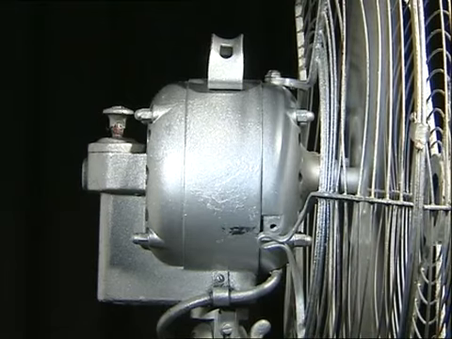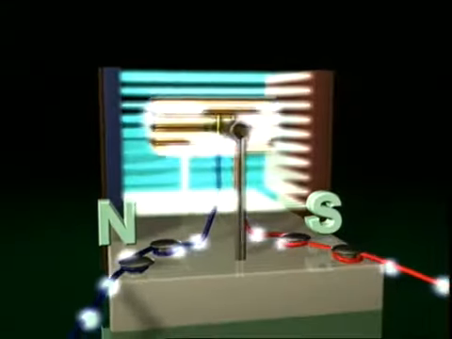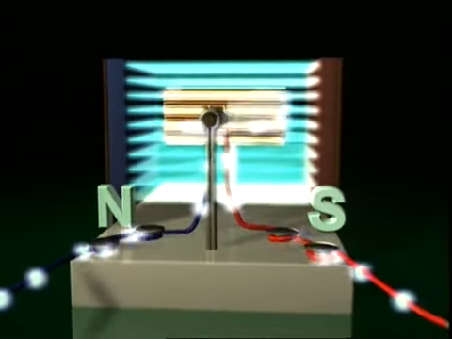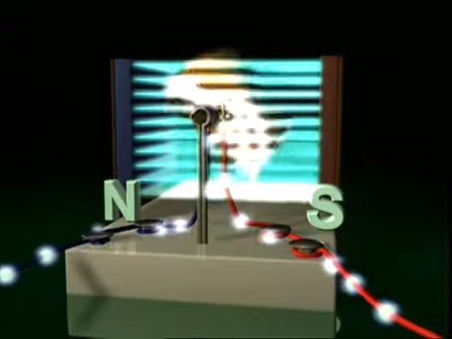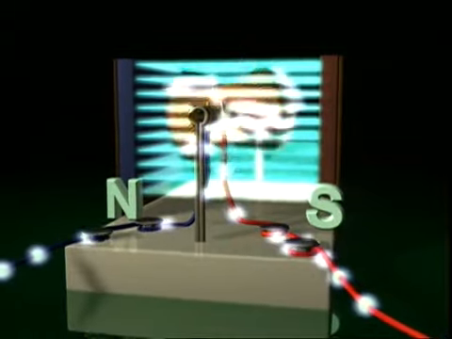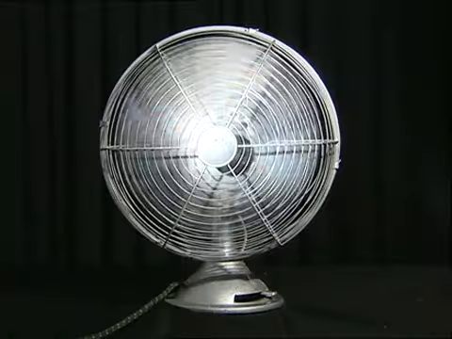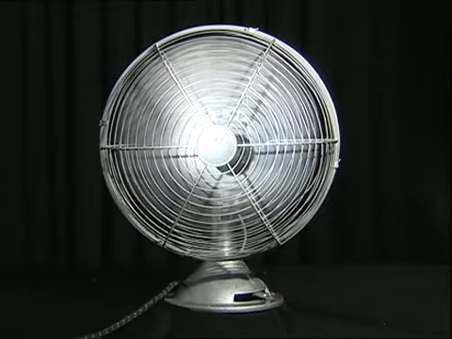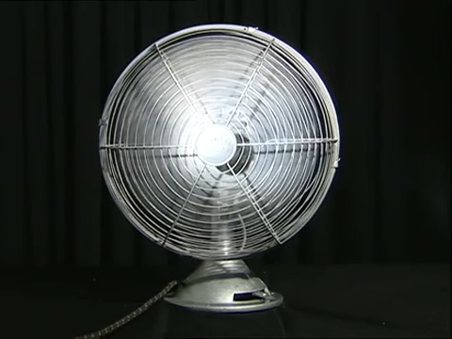The whole set is housed inside a magnet. Connected to a power supply, the coil, together with the core, rotates under the magnetic effect of the magnetic field on the current-carrying conducting wire. By increasing the current passing through the fan, we can make the fan turn faster.